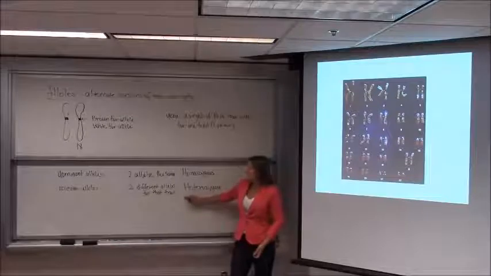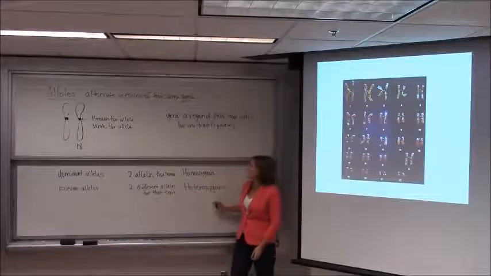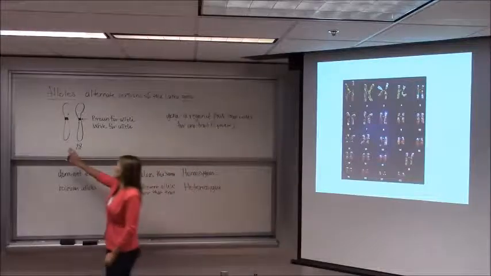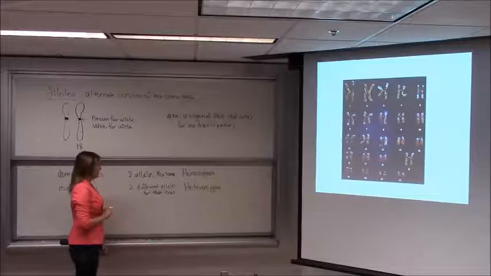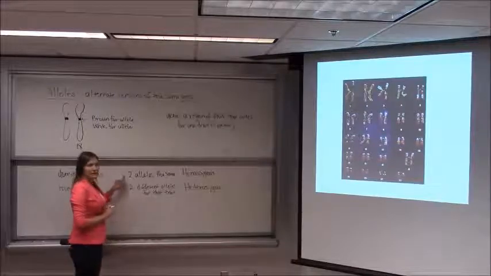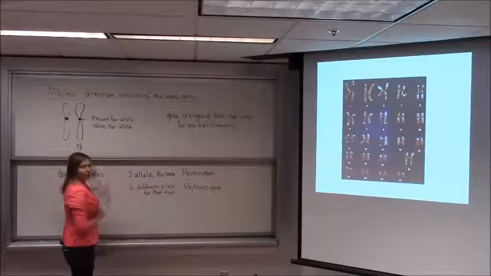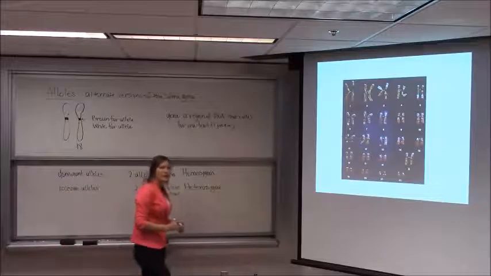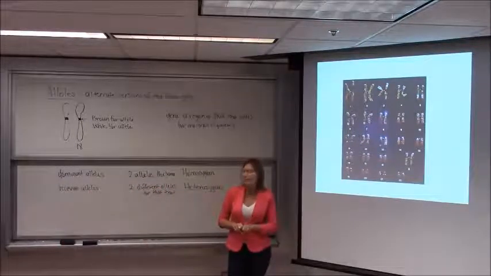If you're heterozygous, we don't need to say dominant or recessive. It means you got one of each. So in this story, it would mean you got a brown allele from one parent and a white allele from the other for fur color. If you're homozygous for fur color, you either have two browns or two whites. And in that case, we do need to use another term to differentiate so we know which one you got both of.